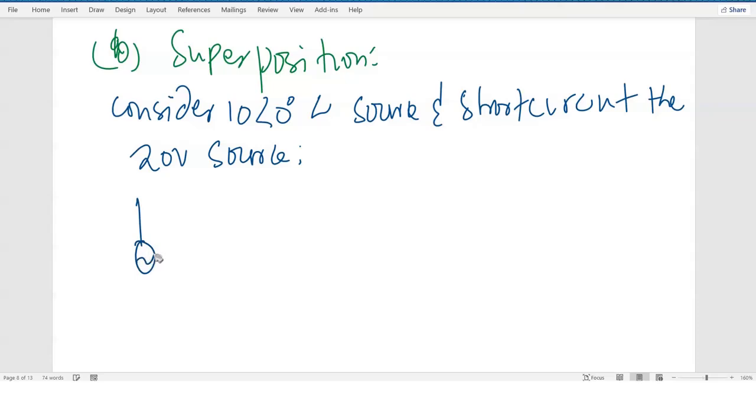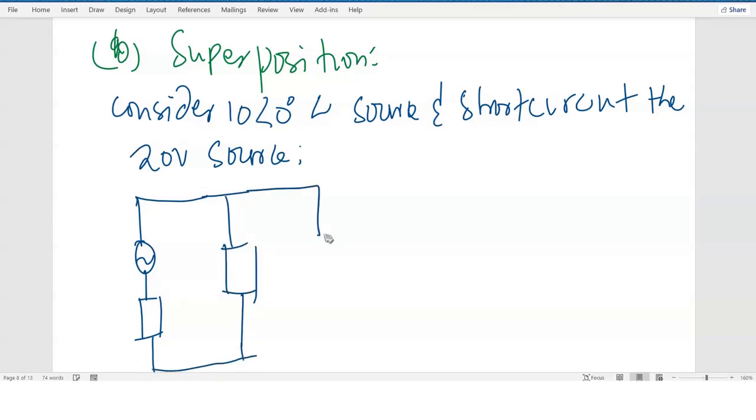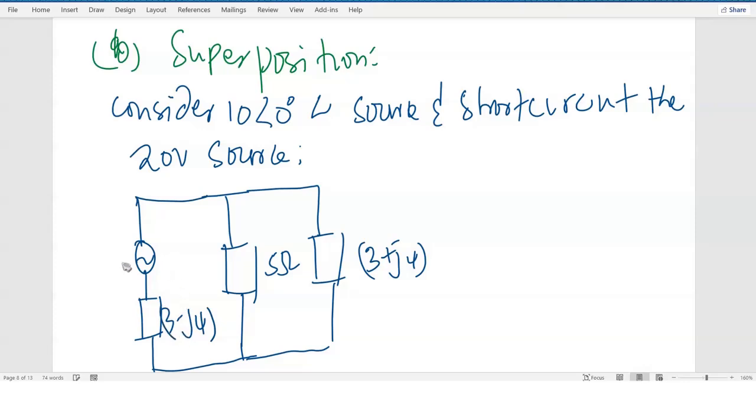You have your source there, you have the impedances: a resistance of 5, then another impedance here, 3 plus J4, you have 5 ohms, you have 3 minus J4, then we have the 10 volt source.